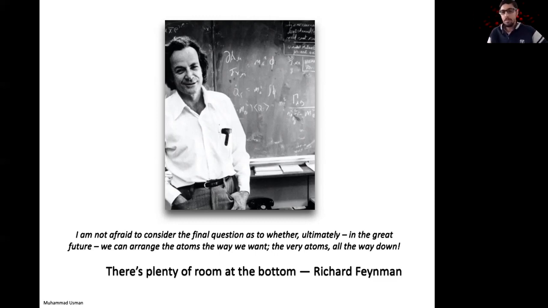Although this has been around for many years, initially the progress was very slow because the technology wasn't there to manipulate and process single atoms. During the last couple of decades, the technology has progressed to a level where we can actually look at individual atoms, we can manipulate individual atoms, and therefore quantum computing is becoming closer to reality.